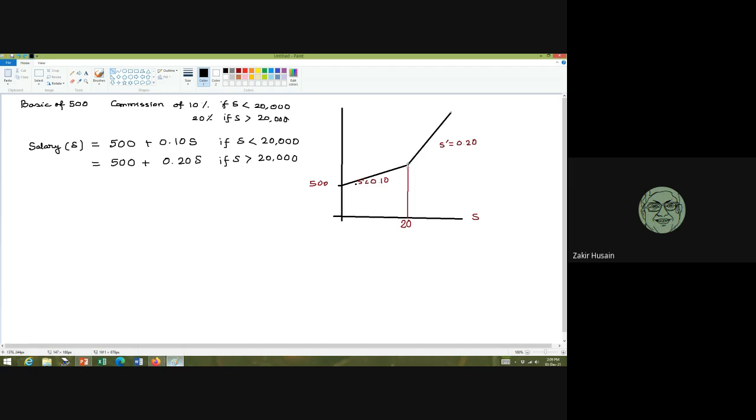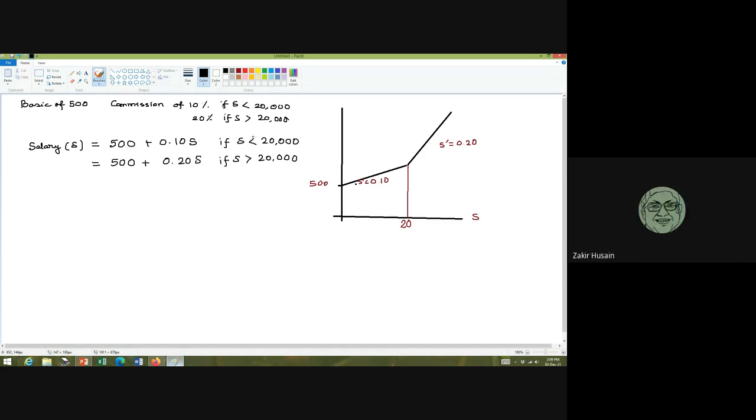Okay, so what is the difference with the earlier cases? They were discontinuous. And here, continuous.